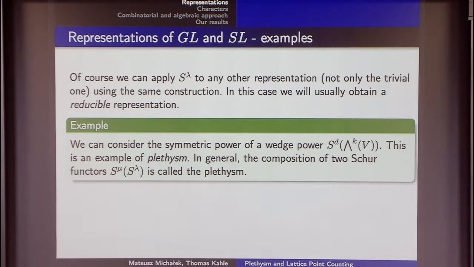And also in this talk, these are the two Schur functors we will be mostly interested in. So here is an example. We take S^4 of S^3 of C^3, and when we decompose it, such a thing with multiplicity 1 appears. So here I mean a Young diagram with 3 rows and 4 boxes in each row.